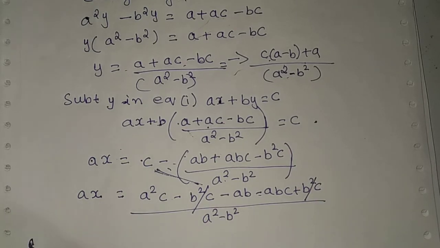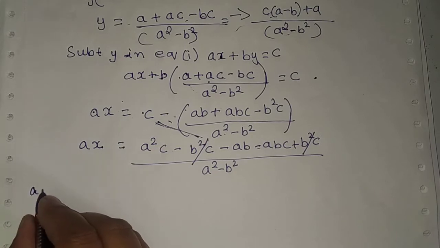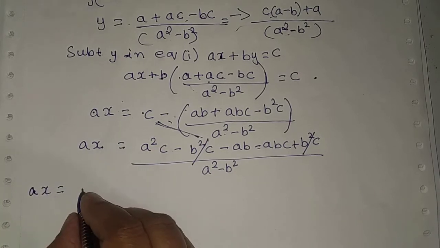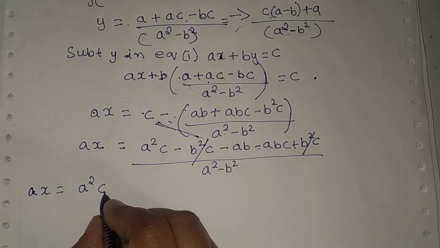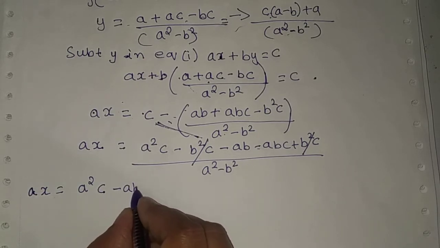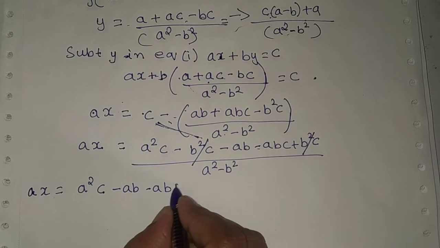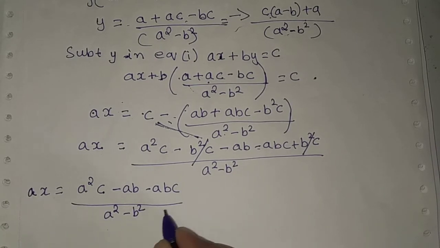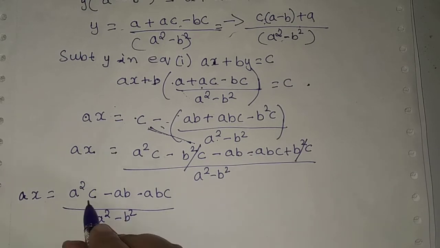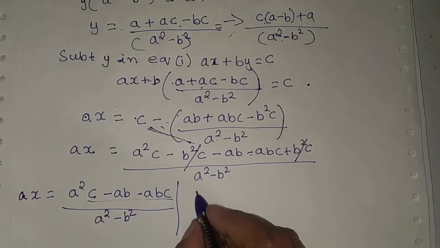Therefore finally we write ax is equal to a square c minus ab minus abc by a square minus b square. And now take a as common here.